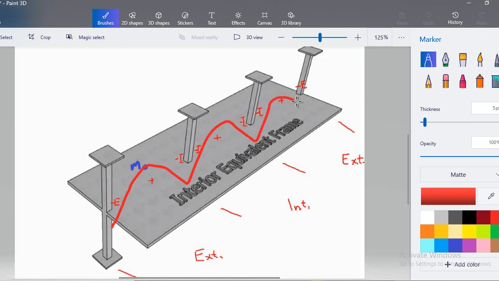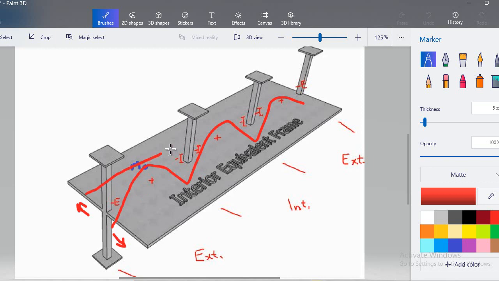Now after M naught is distributed in the longitudinal direction, then we distribute those longitudinal moments in the lateral direction.